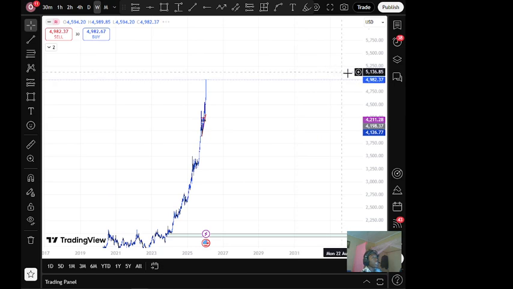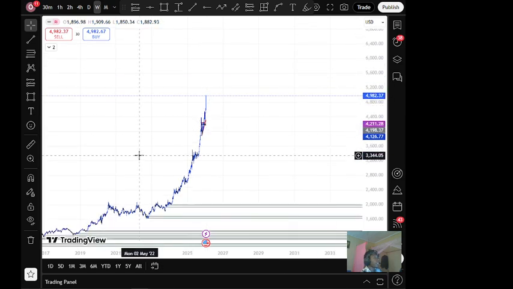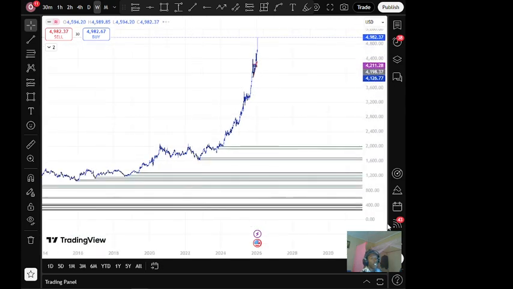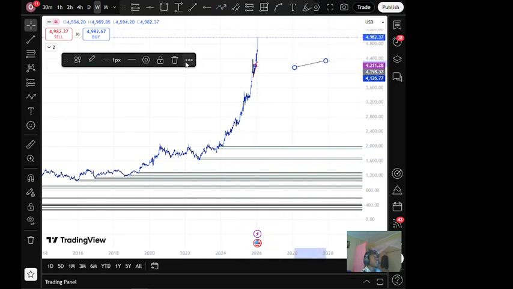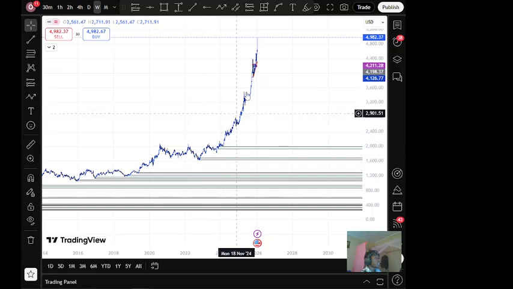Look at the weekly: the move has been bullish since the start, from 0, 400, 800, 1200, 1600. This is what I'm talking about. From 0, 1200, 1600, 2800, 4000, up right now it's at about 4980, approaching the 5000 level. So you can see the trend is bullish.